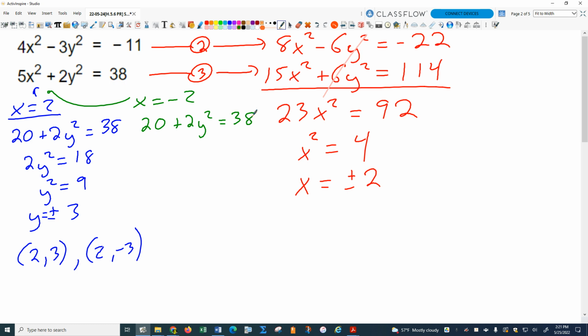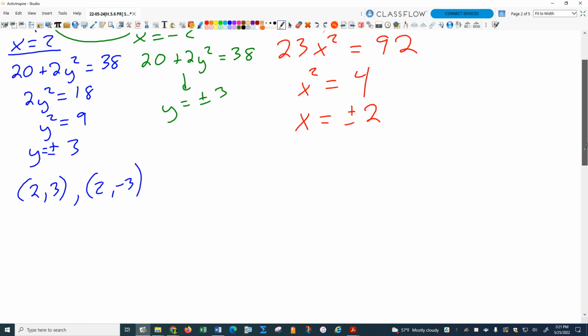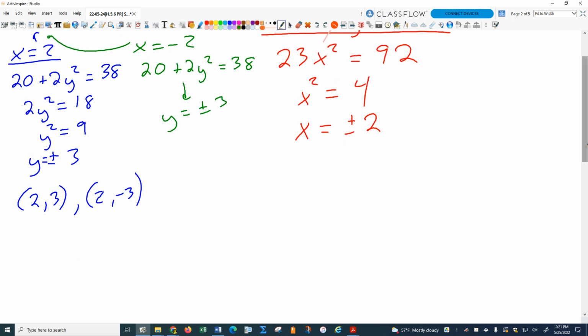You suppose I'm going to get different solutions if I do it in green? No, I'm going to get the same solutions, aren't I? So without even repeating the work, I know that's going to give me y equals plus or minus 3. And so then what would my 2 ordered pairs be in green? Negative 2, 3, or negative 2, negative 3.